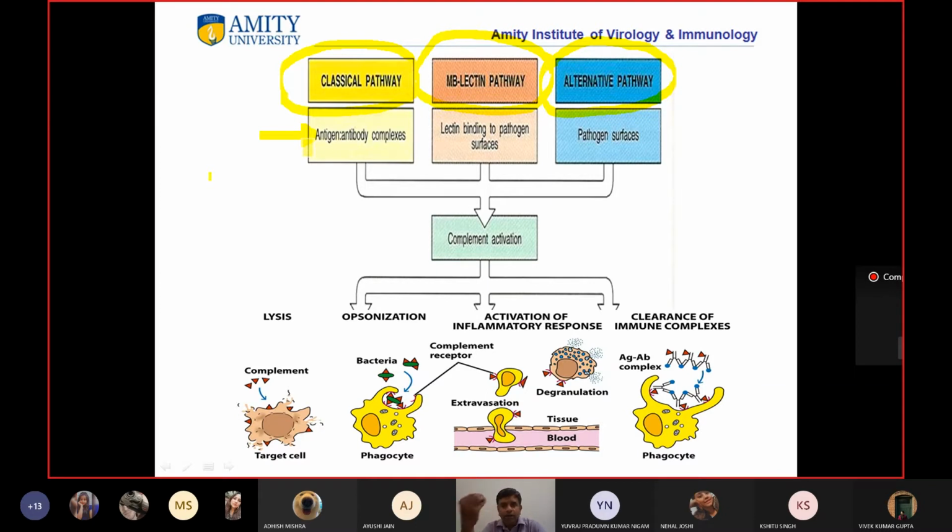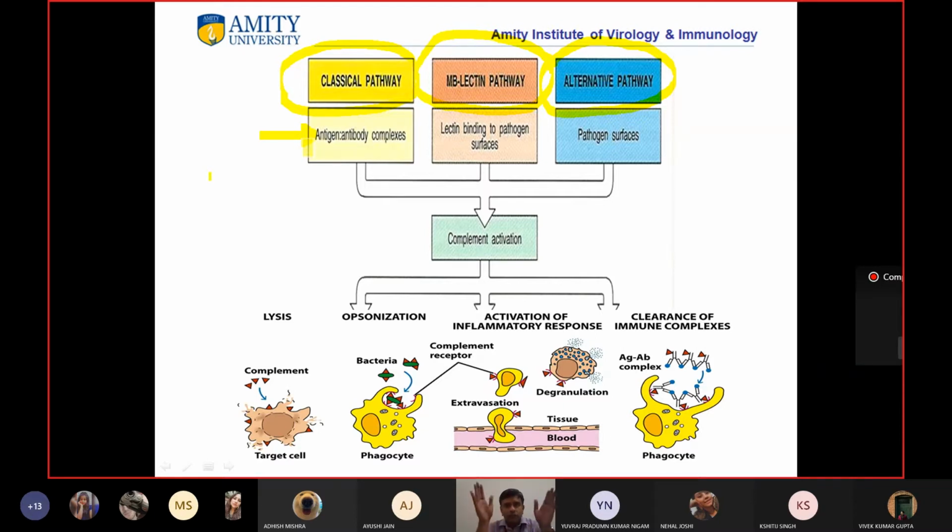And in the mannose binding lectin pathway, there is lectin binding to the pathogen surface that activates the MBL pathway. So the initiation process is different in the three pathways. Where is the difference? In initiation. For one, an antigen-antibody complex has to form; for another, a pathogen surface with specific proteins is required; and for another, lectins are required.